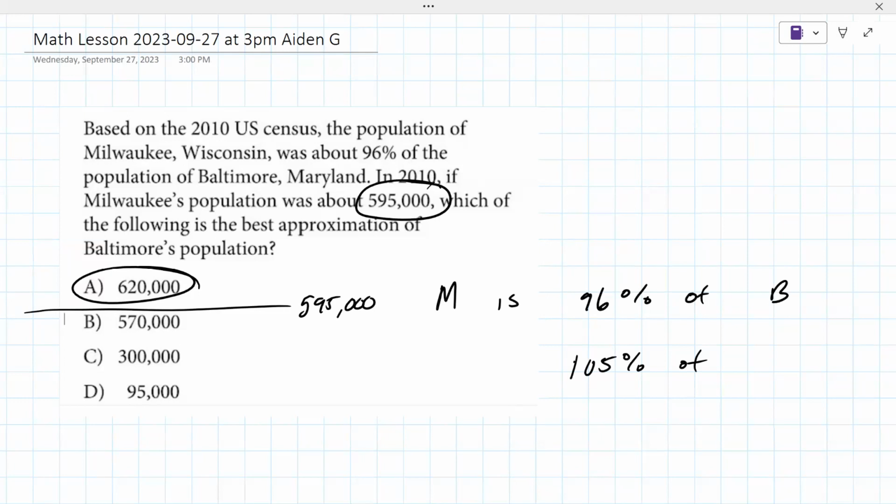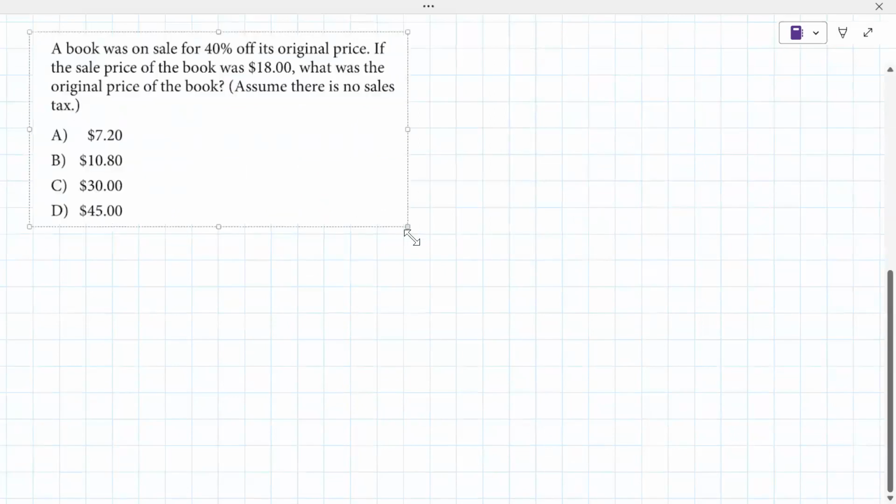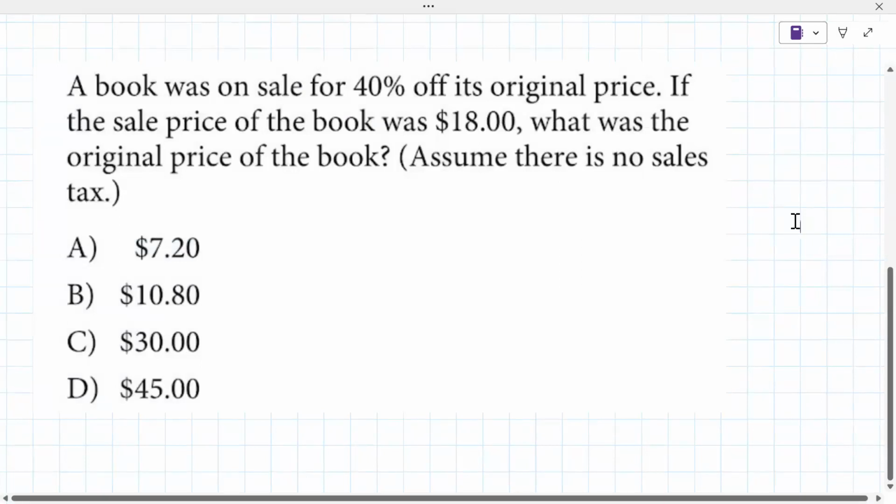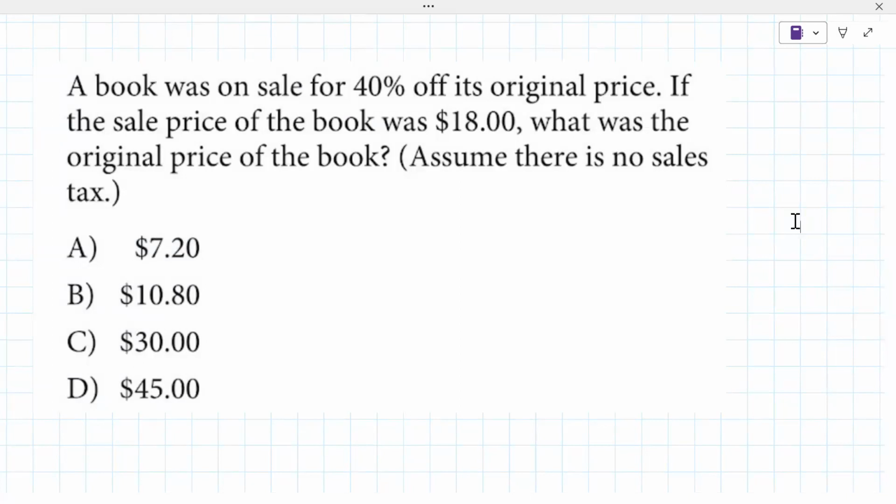All right, so here is another question. It's kind of like this one, where you can remove some answers based on the information in the problem. A book was on sale for 40% off its original price. If the sale price of the book was $18, what was the original price of the book?